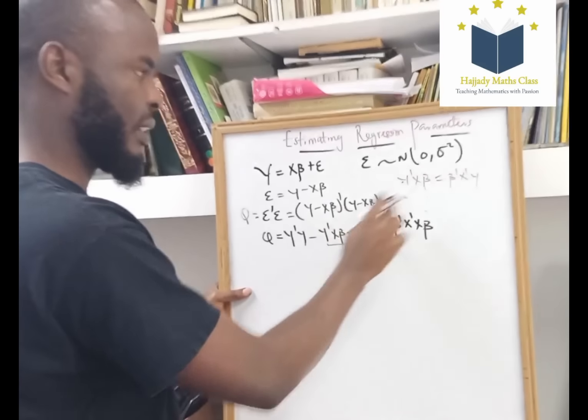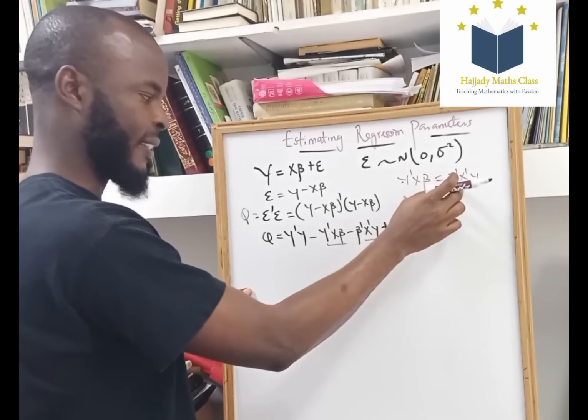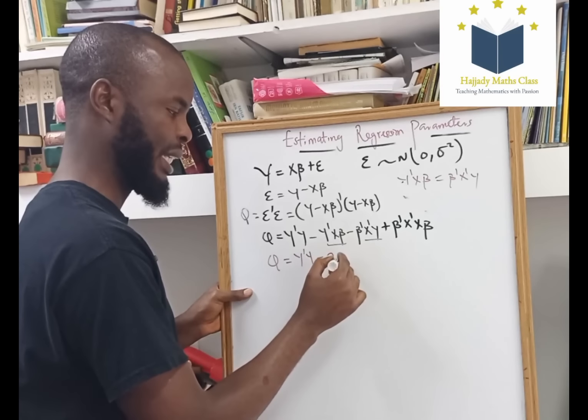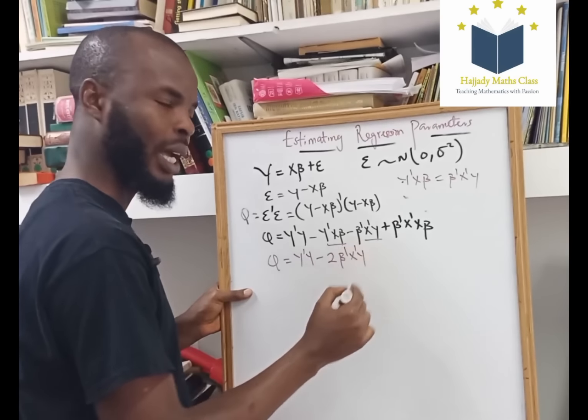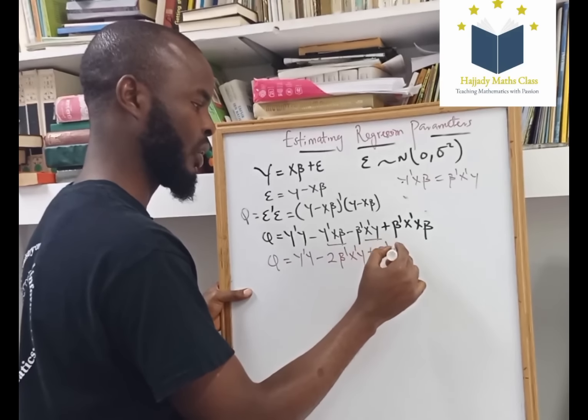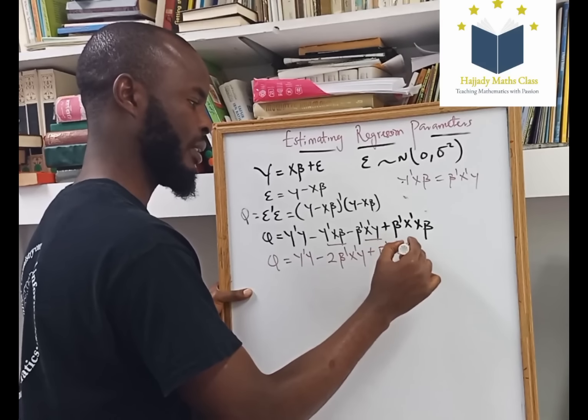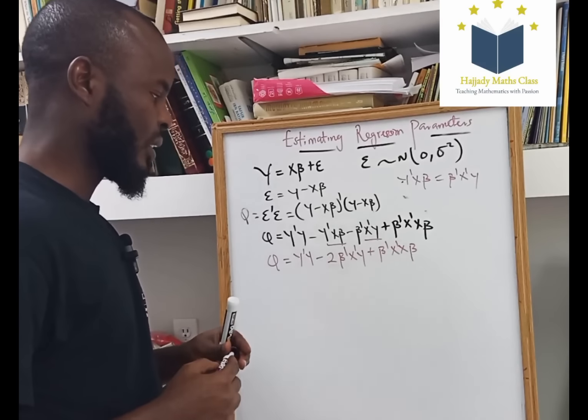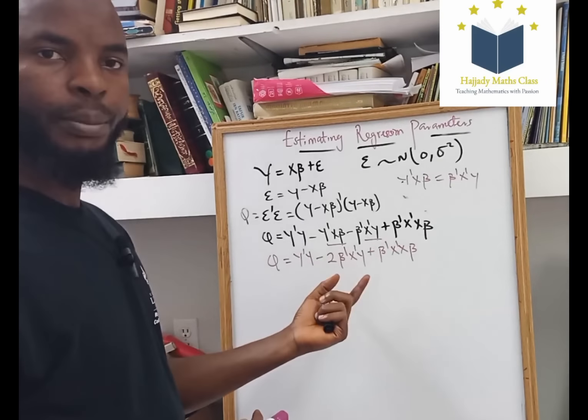So here we have Q equals y prime y minus 2β prime X prime y plus β prime X prime Xβ. The multiplication is possible because we take cognizance of the order, the dimension of this. If the dimension contradicts, then the multiplication cannot be done.